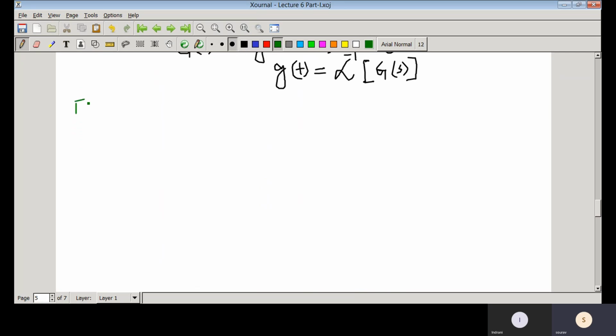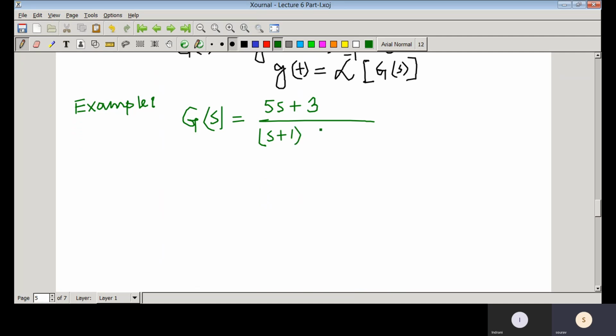Suppose one function is given, G(s) equal to 5s plus 3 divided by s plus 1, s plus 2, s plus 3.